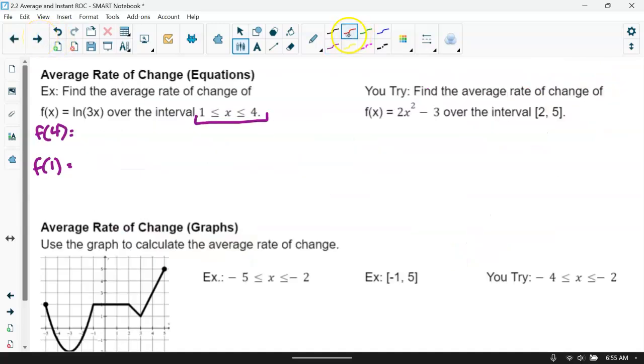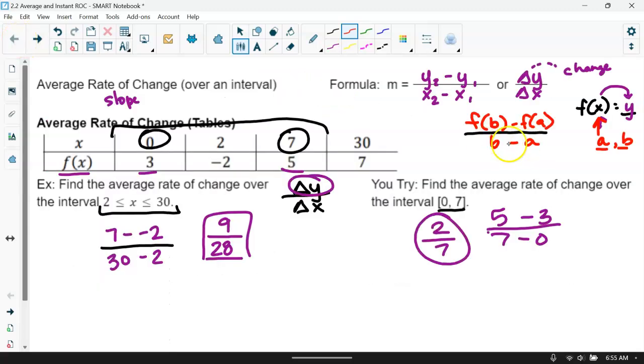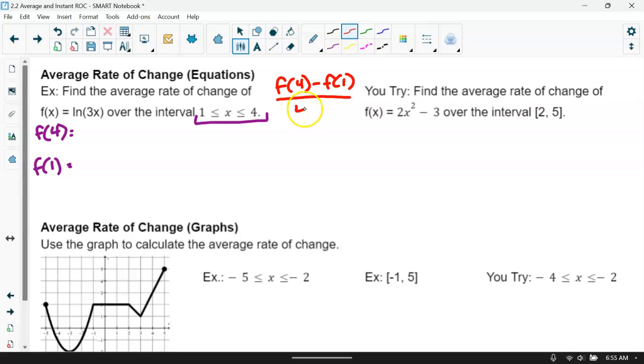So here we're looking for f of 4 minus f of 1, over the two values, 4 minus 1.